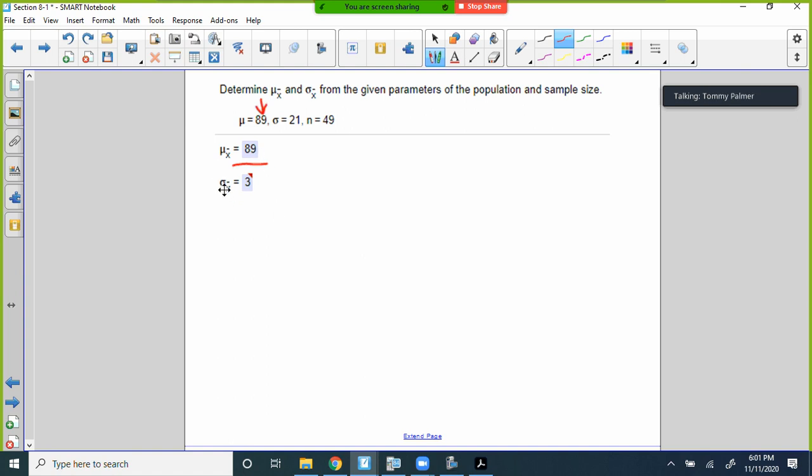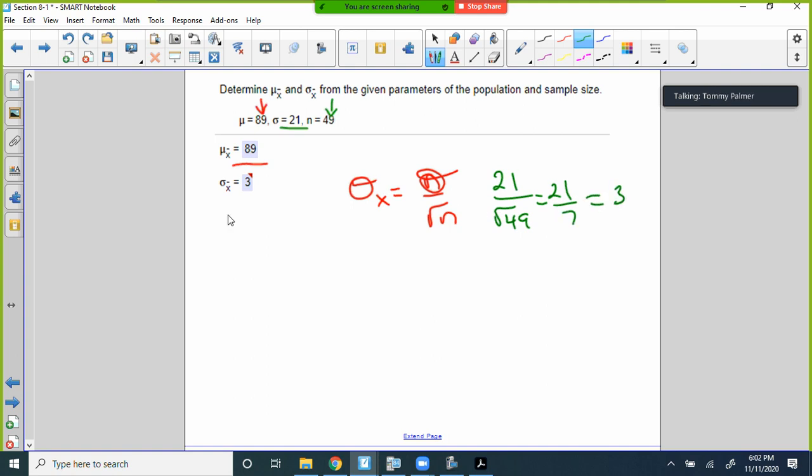The standard deviation of X bar, well, that's really a calculation: the population standard deviation over the square root of n. We said that was 21, and n is 49, so that is the square root of 49. So we've got 21 over 7, which is, guess what? 3. So that's how that is calculated.